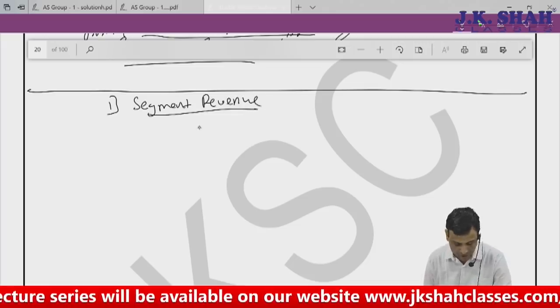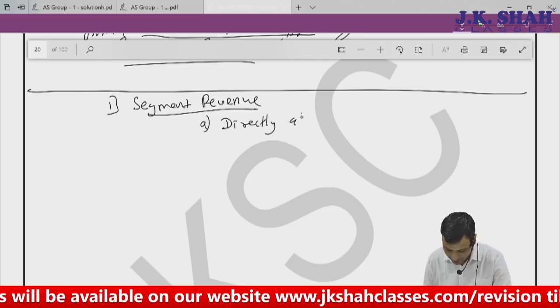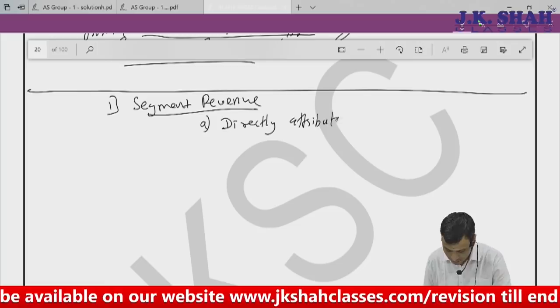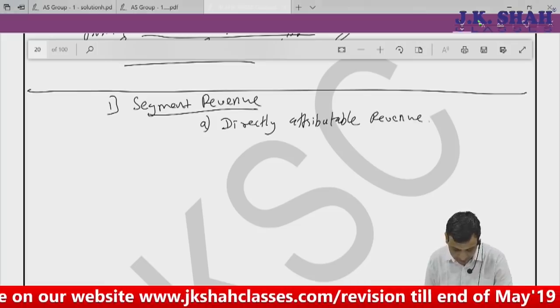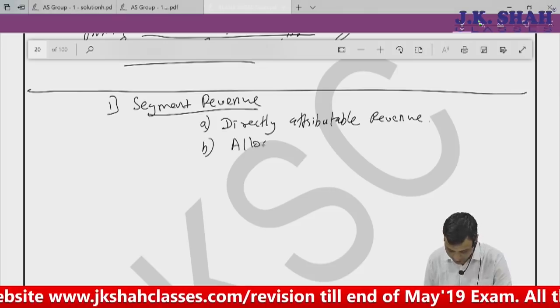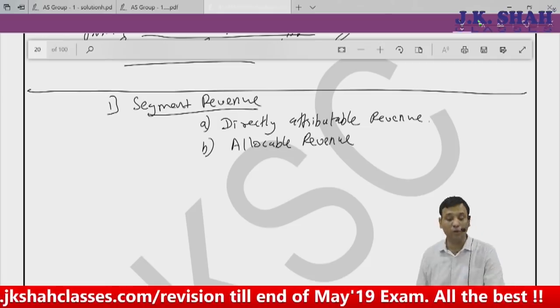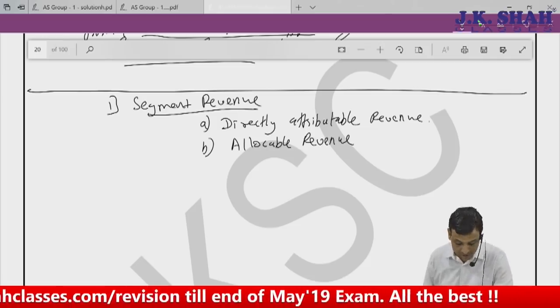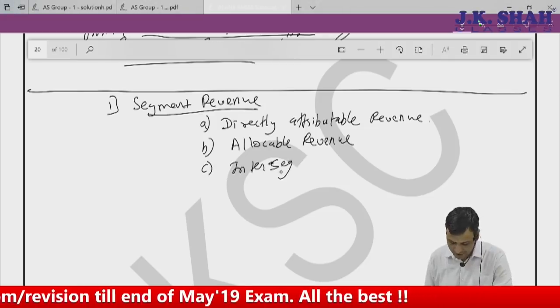Segment revenue will be the aggregate of directly attributable revenue, whatever that segment has earned directly; some allocable revenue, which can be allocated on some logical and reasonable basis; and inter-segment revenue.